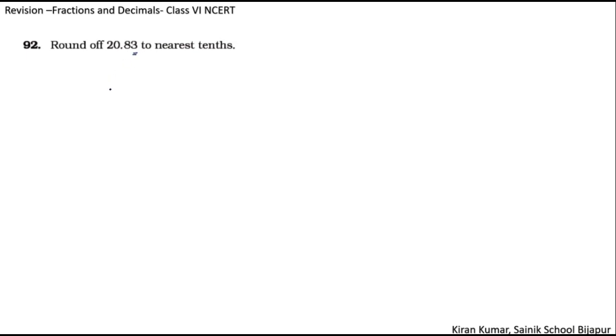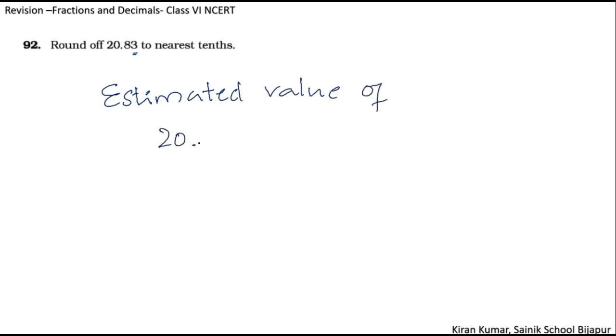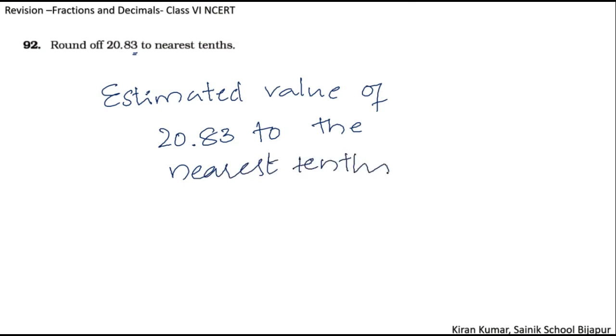So the estimated value of 20.83 to the nearest tenths is 20.8, because the reason is 3 is a number which is smaller than 5.